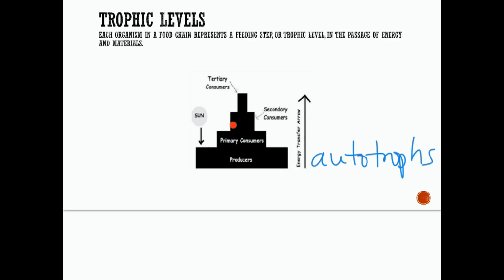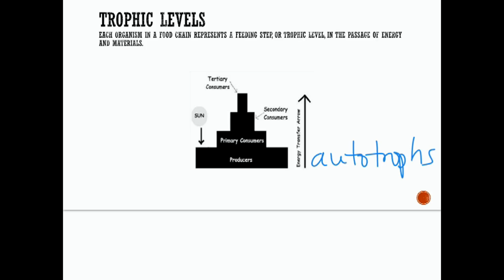So the frog would be the secondary consumer. Think they're really like the second thing to eat it, kind of. All right. The energy from the frog is transferred to the tertiary consumer because they eat the frog, like a big snake. Okay. So the snake would be the tertiary consumer.